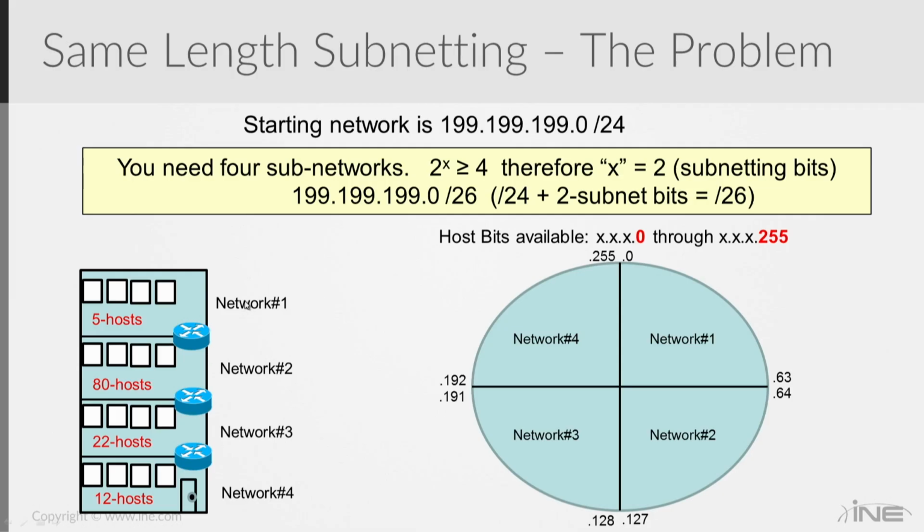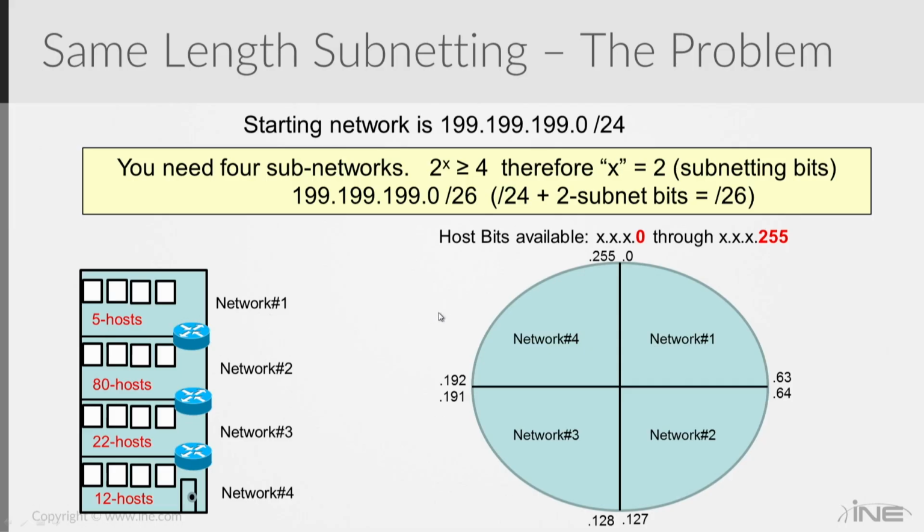For example, look at network number 1. There's only 5 hosts in that, and yet we've allocated 62 hosts in that one network. That's far more host space than we really need. We have a whole bunch of extra bits that aren't even being used because this network is far larger and can support far more hosts than is actually needed.